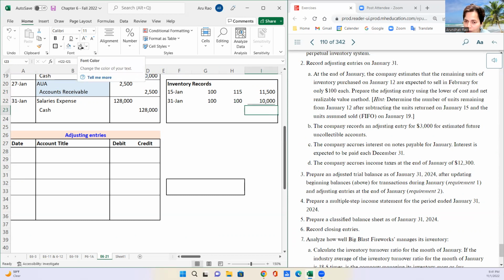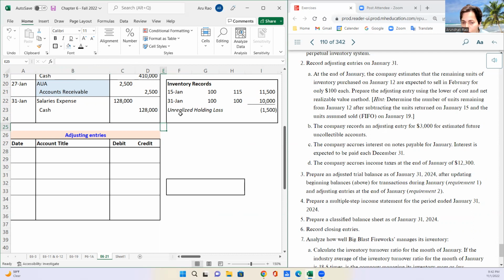So I purchased it for 11,500. On this day, when I'm going to prepare my financial statements, I know that I cannot sell it for 11,500. Actually, I hope to always sell it for more than what I bought it for, but in this case, it's even less. So this 1,500 drop in value is an unrealized holding loss.